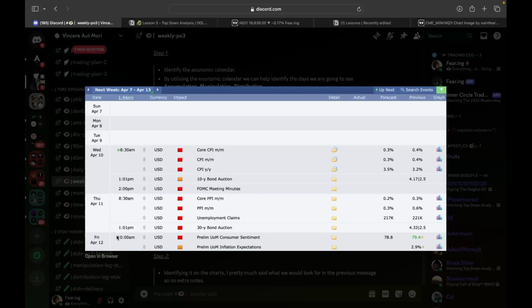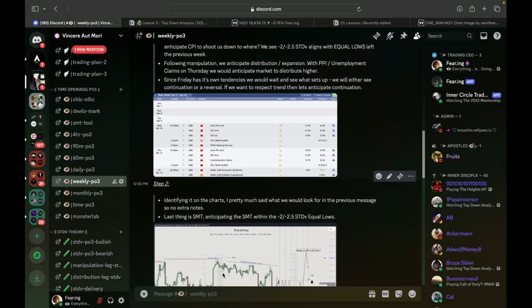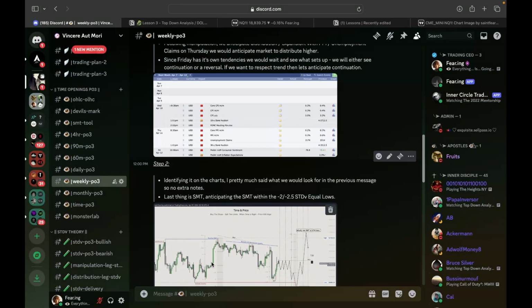Then Thursday, what's going to follow manipulation plus SMT is distribution on the Thursday. And then in reference to quarterly theory, if what we saw here is correct, usually Friday is either a continuation or a reversal. So we could potentially see Friday to be expansion, potentially a reversal. And so now next we're going to be applying that to our charts.